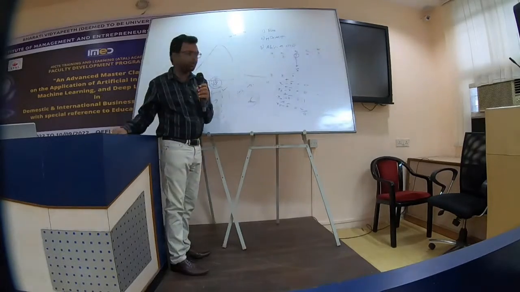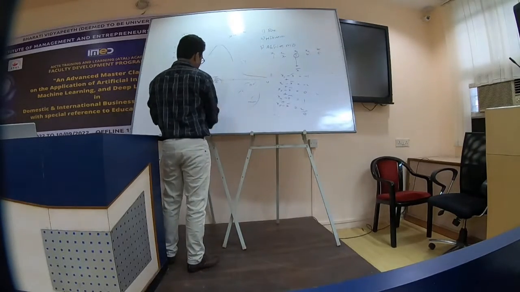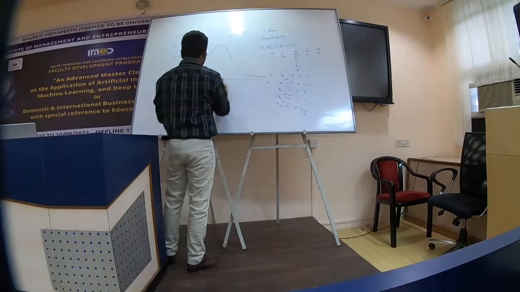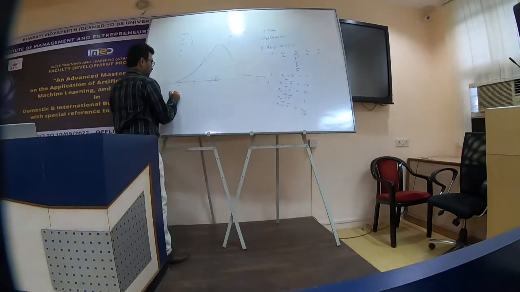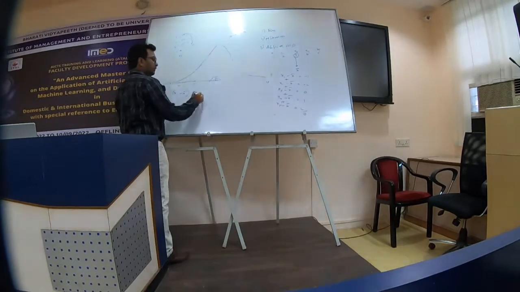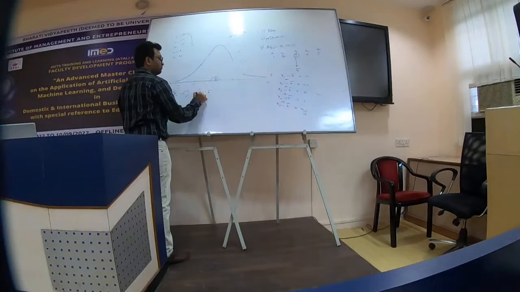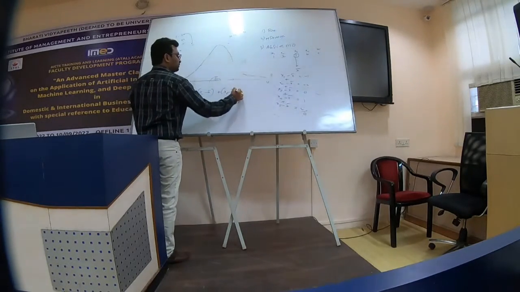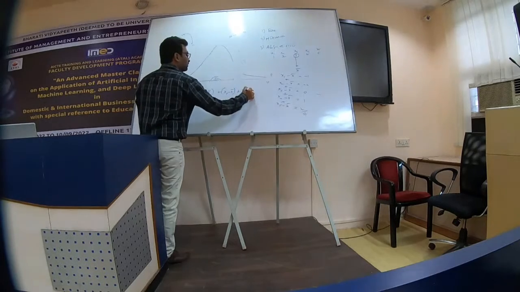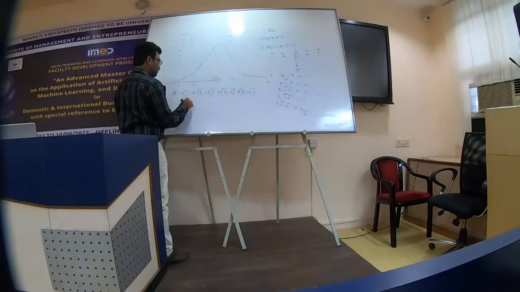Now we will make a formula like this. x1 minus x bar is 1, plus x2 minus x bar is 1, plus x3 minus x bar is 1, plus x4 minus x bar is 1, plus x5 minus x bar.